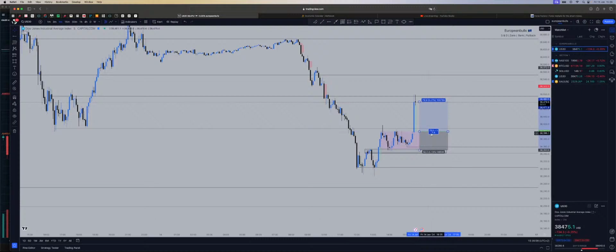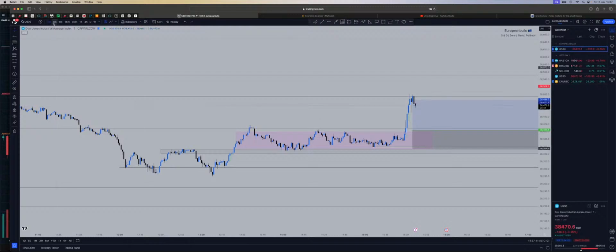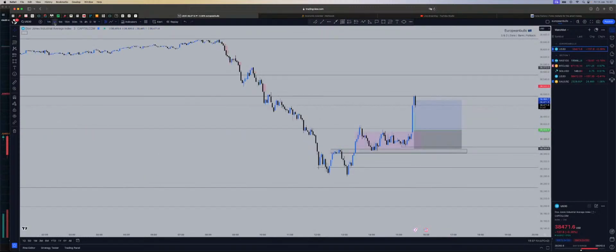Patiently wait for the price to come to this area. This here, right here.